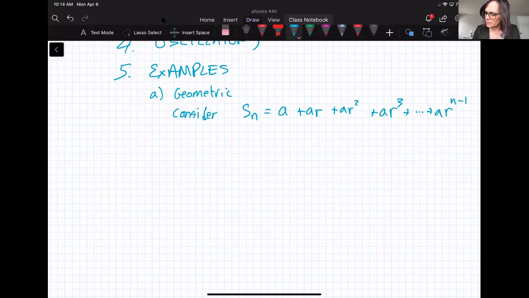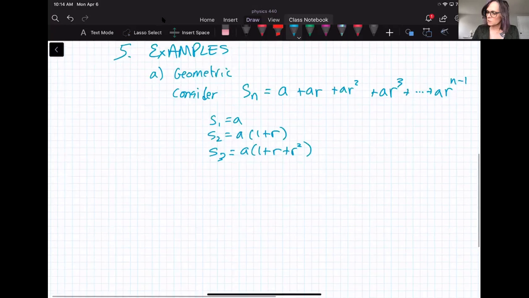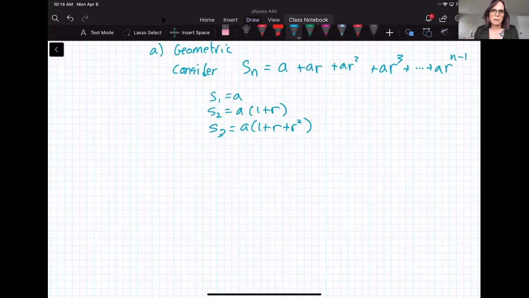And in this case, if we look at the partial sums, then we've got obviously S1 is equal to a, S2 is equal to a plus a r, or we can write that as a times 1 plus r. And then S3 is that, right?